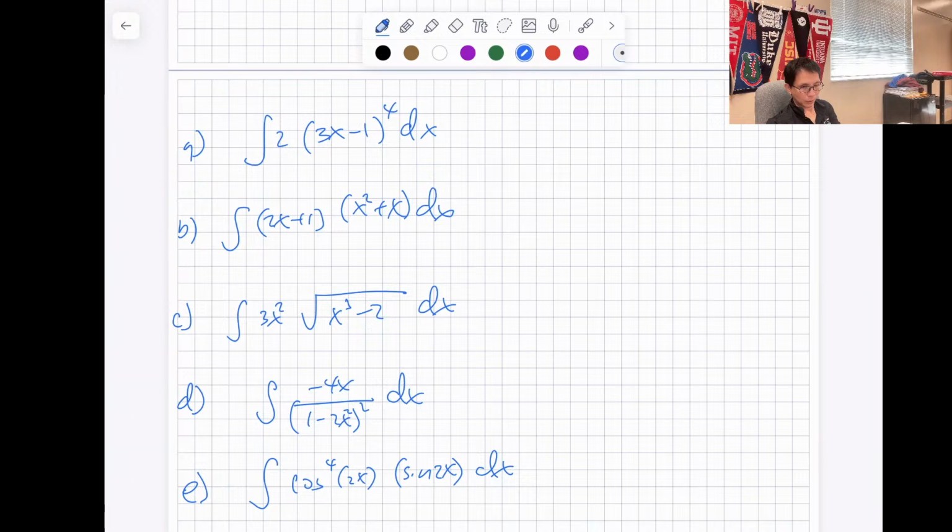No, it's just the bottom, right? 2x plus 1 is the derivative of x squared plus x.